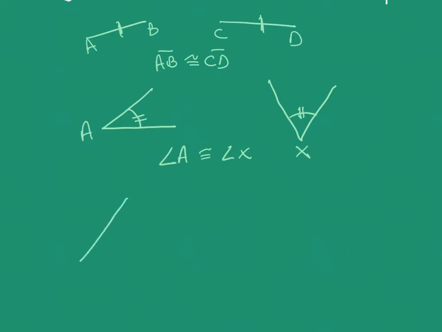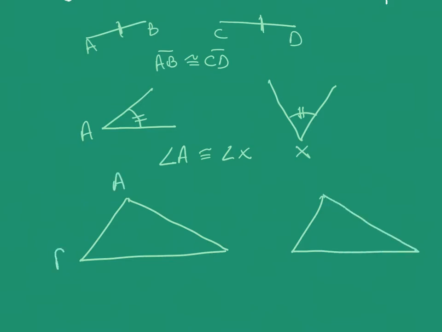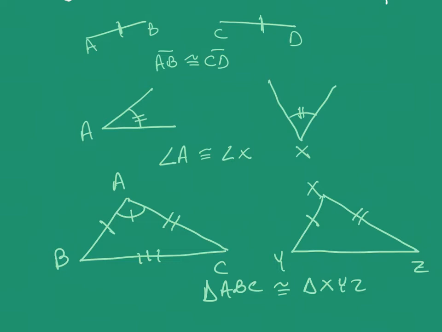You could have a triangle be congruent to another triangle, and we'll do a lot of work with congruent triangles in this class. But you might have triangle ABC congruent to triangle XYZ, and you would write triangle ABC is congruent to triangle XYZ. And what that means is that all the corresponding sides would be congruent, and all the corresponding angles would be congruent.